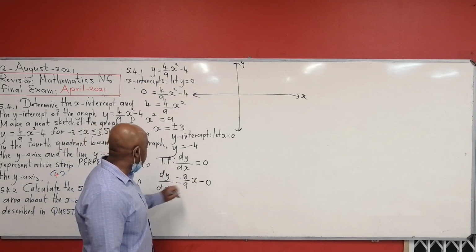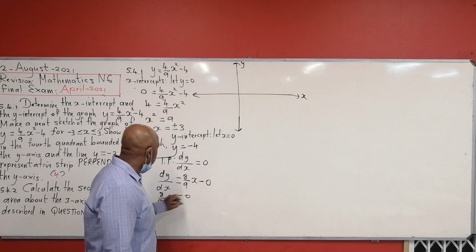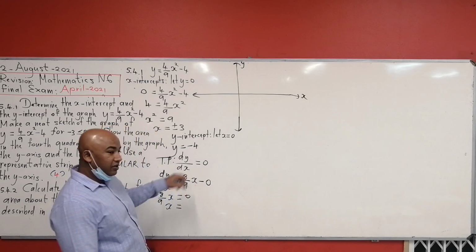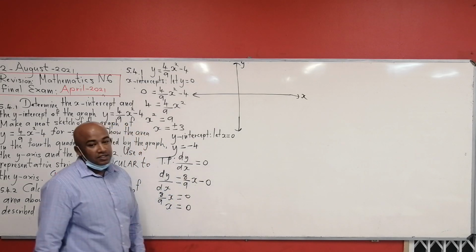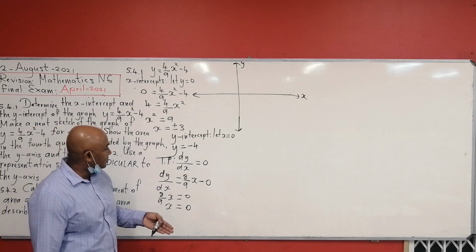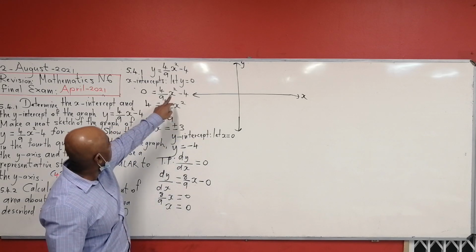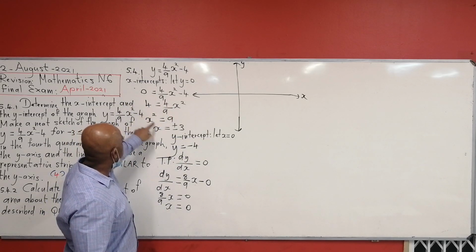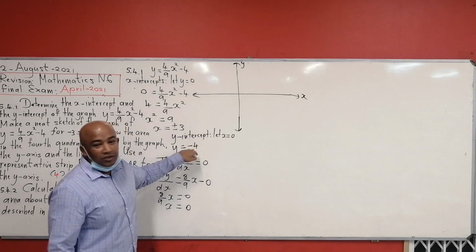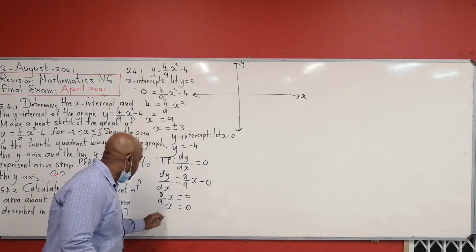So you make this equation equal to 0. So 8 over 9 x is equal to 0. So x is equal to 0 divided by anything, which is 0. Okay, but here the turning point is the y-intercept. Anyway, if you substitute x is equal to 0, where is it? Y-intercept. When x is equal to 0, y is equal to minus 4. The y-intercept is the turning point. You can see that.